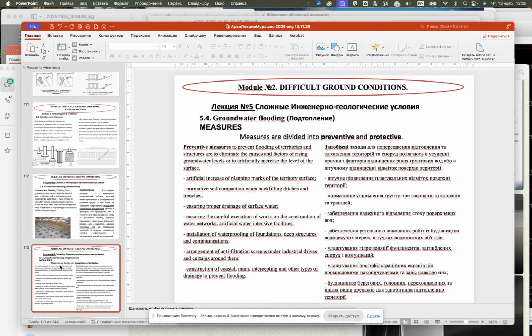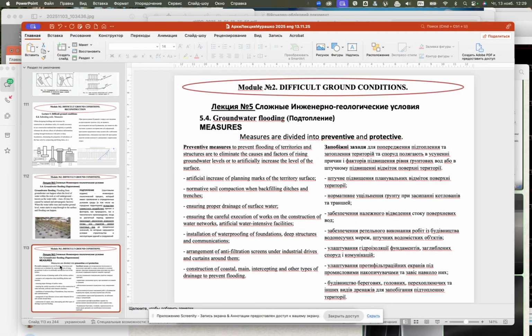Next, it's compaction of the soil. It's using special equipment, special machines to compact the ground, and this compaction will protect you from this water level increasing. So next, it's ensuring proper drainage of surface water.